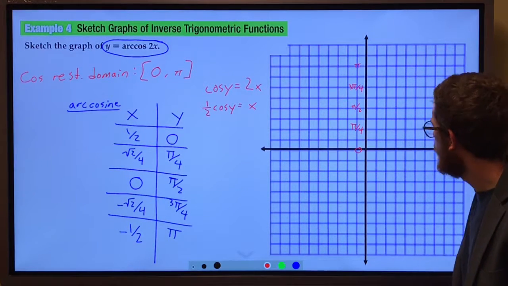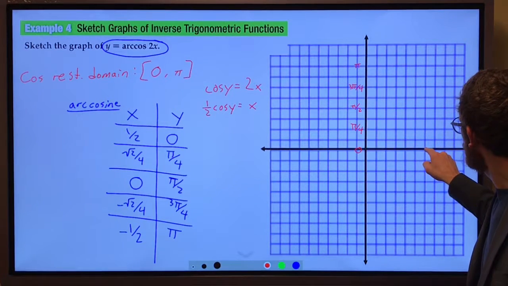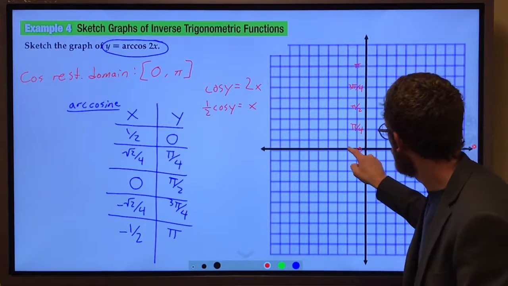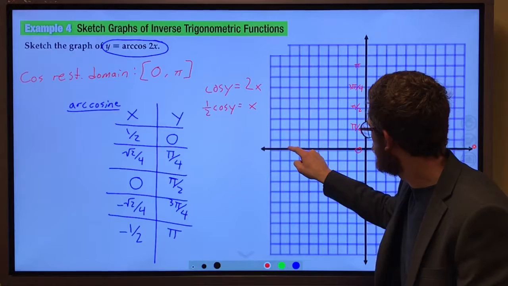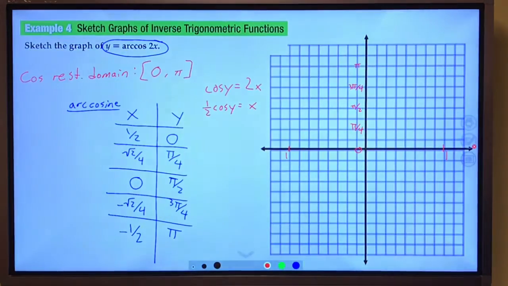If I just go ahead and let 1, 2, 3, 4, 5, 6, 7, 8, if we say this is 1 unit out, then that should give us plenty of room to graph this.